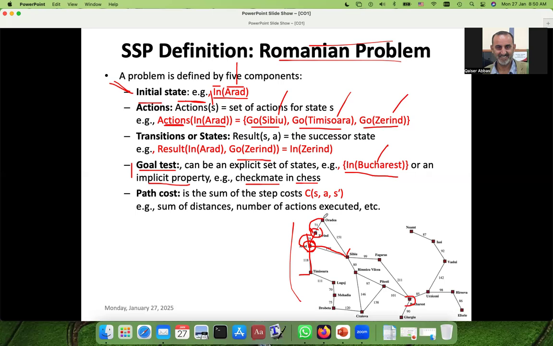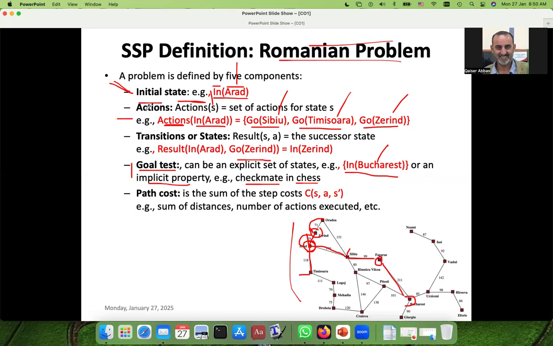Two actions are available. Similarly, from Fagaras, one is back to Sibiu, the other is to Bucharest. In this way, you have to write all the actions. This is planning, the problem definition. But here only one example is given for understanding.